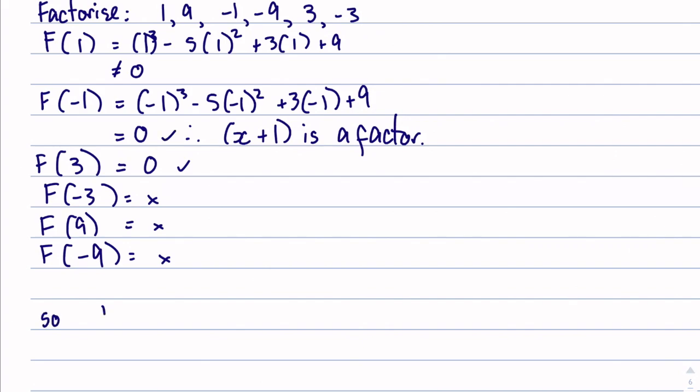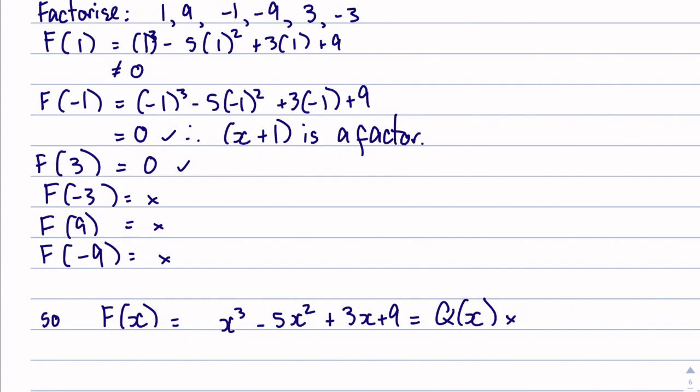So f of x, which is this x cubed take 5x squared plus 3x plus 9, equals some kind of number times x plus 1, x take 3.